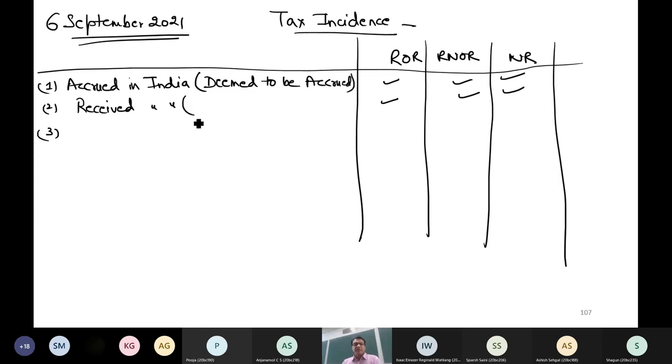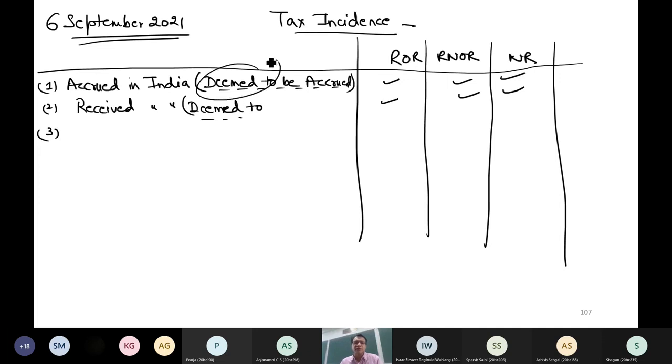Similarly, any income might not be actually received in India, but these will be deemed. These deemed concepts are only to increase the incomes which will become taxable even for non-resident and RNOR. Otherwise, deemed to be received or accrued has no effect on ROR, because ROR pays the income tax even on those incomes which are accrued as well as received outside India.